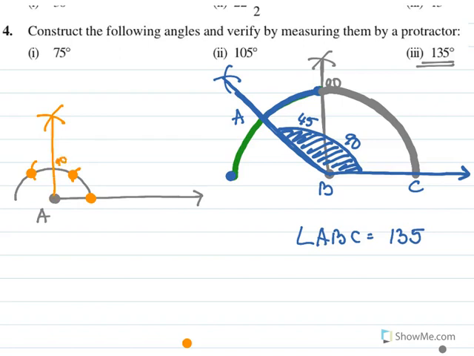So at this point you get your 90. Then you keep your compass at these 2 points and then you bisect. So when you bisect, you'll get it somewhere here, and this entire angle will now be 135. It will be 90 plus 45.